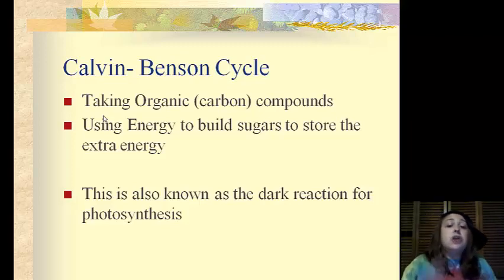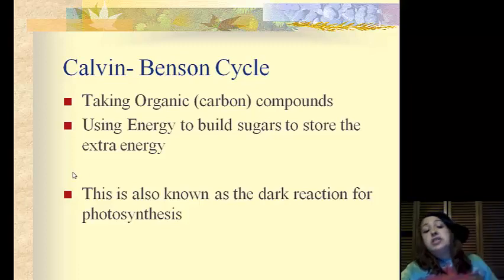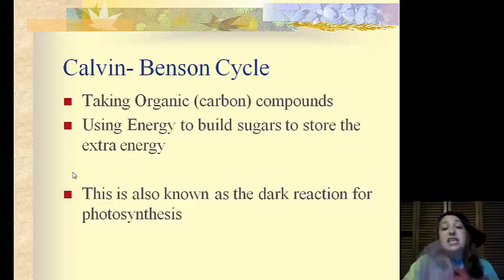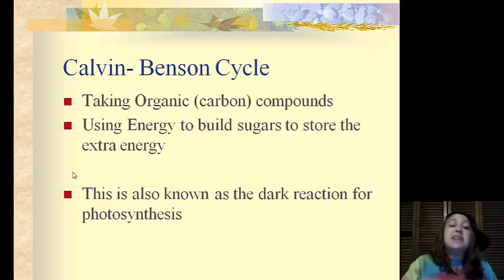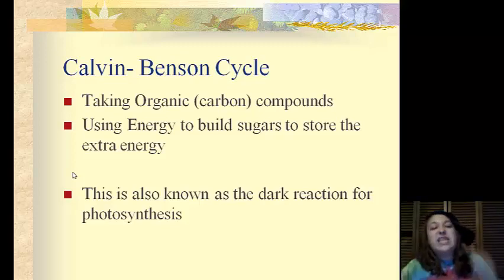So sugars are going to store our energy. It is also known as the dark reaction in photosynthesis. So there you go, the dark reaction or the Calvin. But everything does this, including bacteria. This is also known as carbon fixation, fixing the carbon. So carbon fixation. Please put that down even though it's not on my PowerPoint. Calvin cycle is carbon fixation.